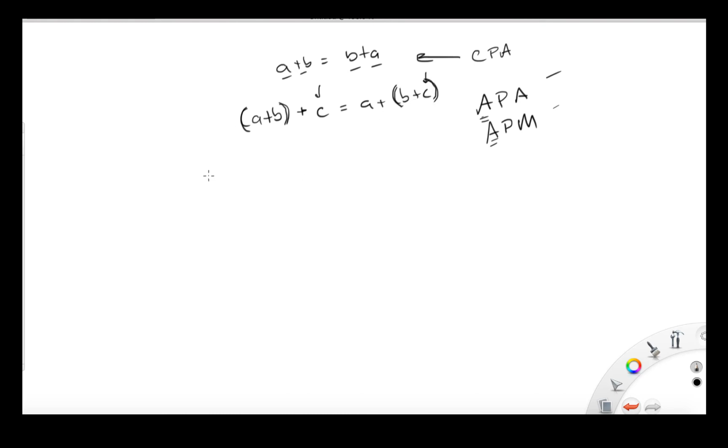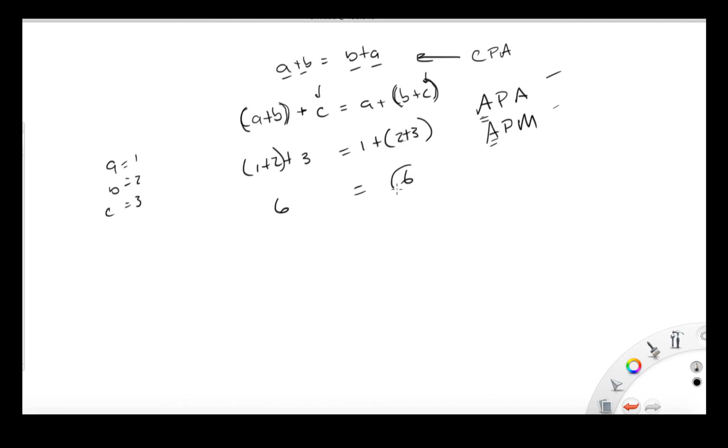It's going to be the same thing. So if A is equal to 1, B is equal to 2, C is equal to 3, we're going to say that (1 plus 2) plus 3 equals 1 plus (2 plus 3). 1 plus 2 is 3, plus 3 is 6. 2 plus 3 is 5, plus 1 is 6.